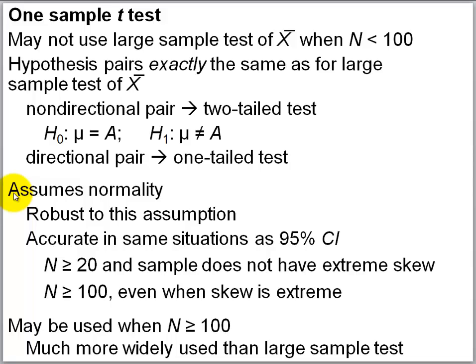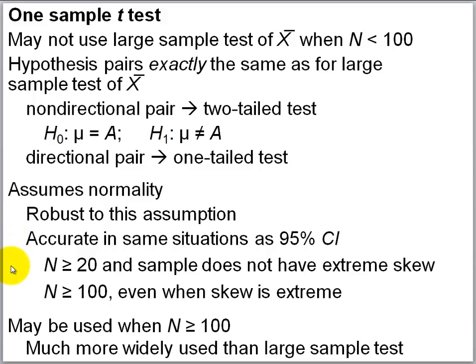The one-sample t-test does assume that the population from which the random sample is selected is normally distributed. However, it's robust to this assumption. Pragmatically, it's accurate in the same situations as is the 95% confidence interval for the mean calculated with the t-test.